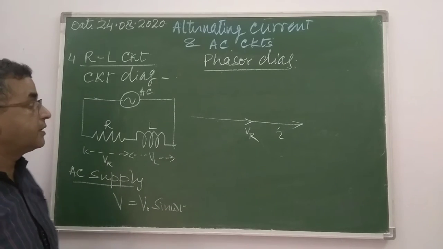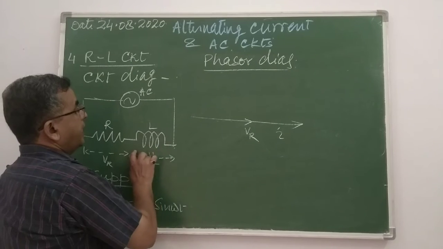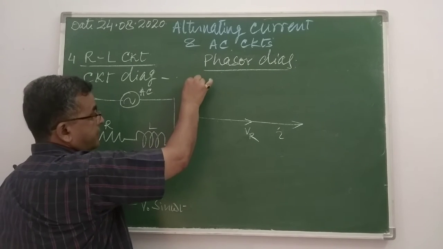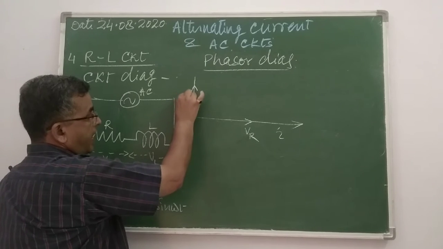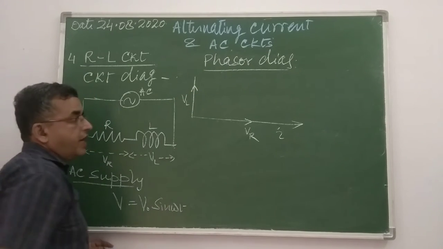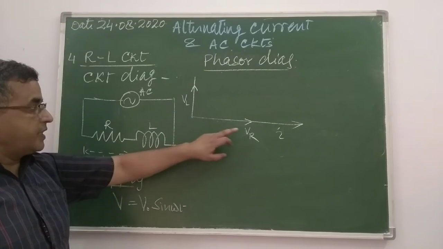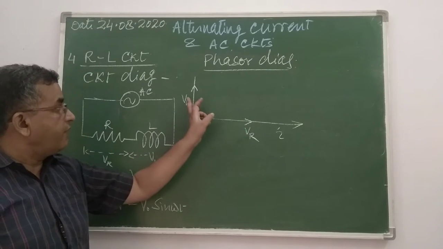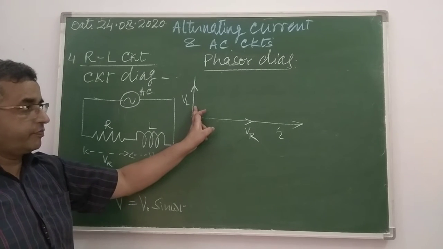It is like this. And for inductance, the voltage across the coil, that is VL, has a phase difference with the current of pi by 2.